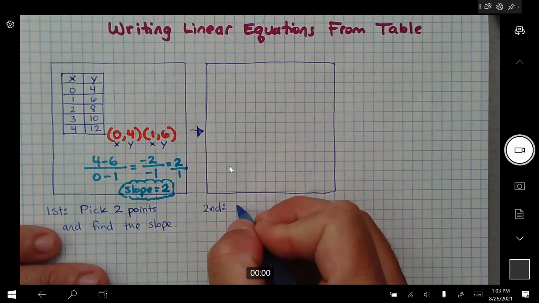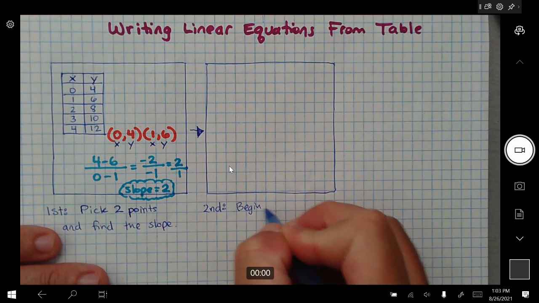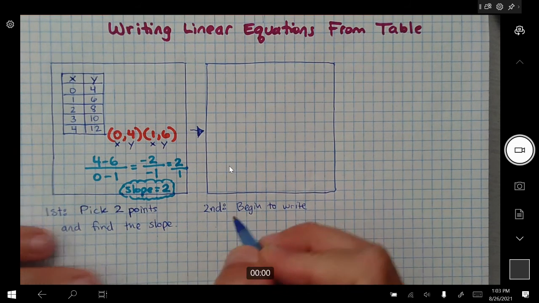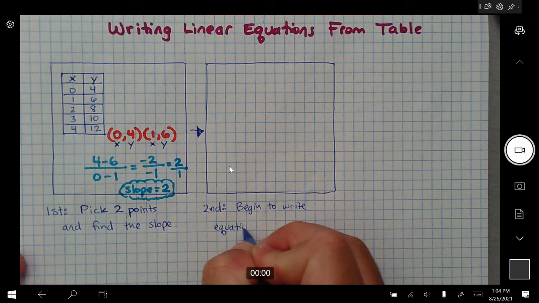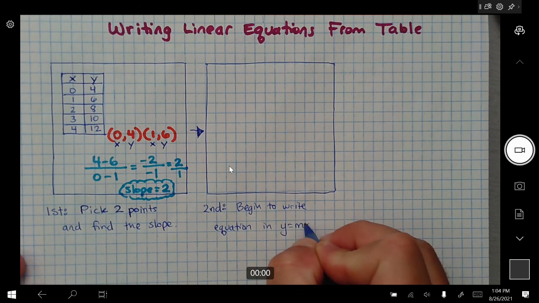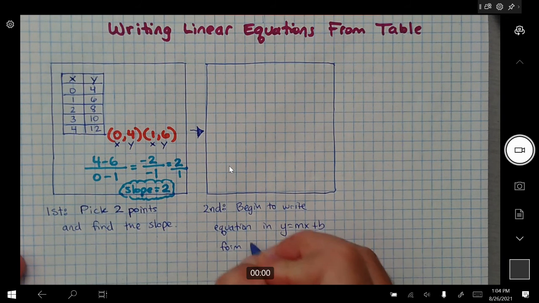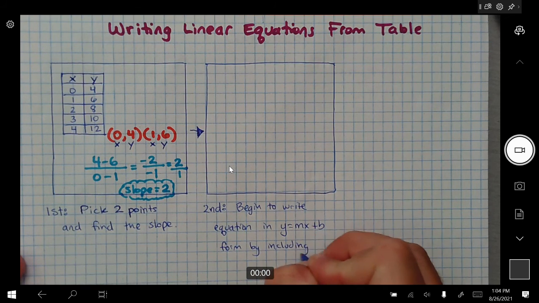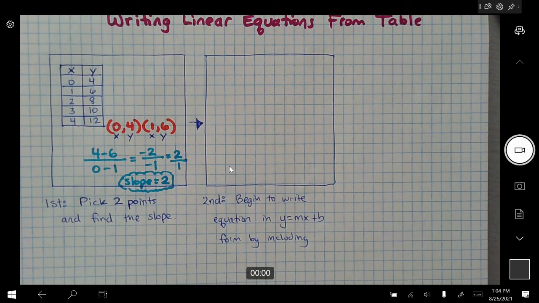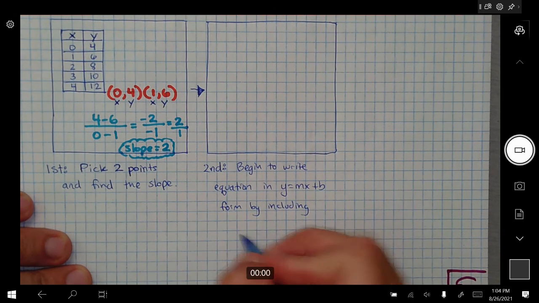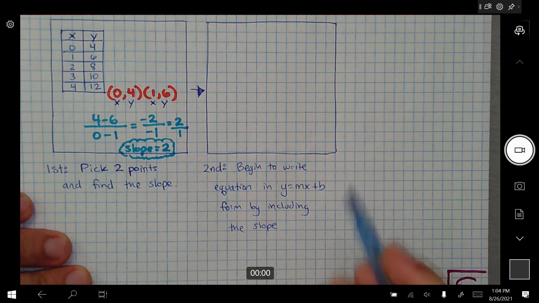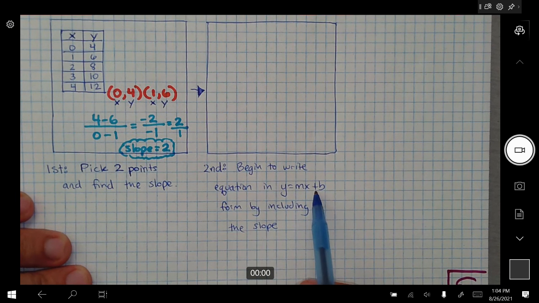Second step. Begin to write equation in y equals mx plus b form, that's slope-intercept form, by including the slope.